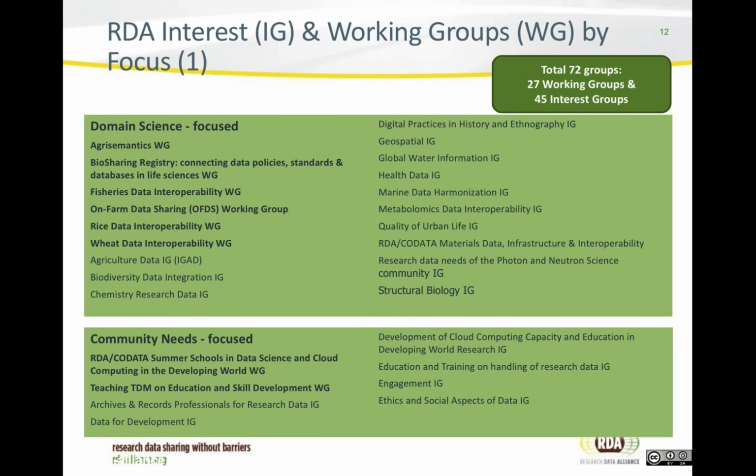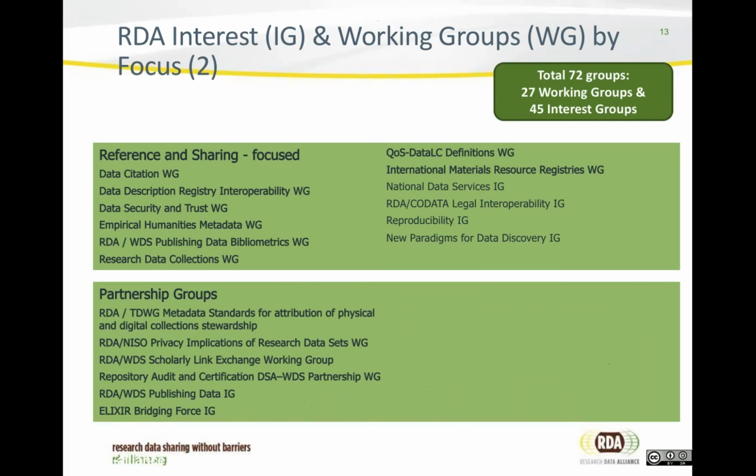I'm not going to read all of the groups, but there are domain science working groups and interest groups that focus on particular things. They have ones that are focused on community needs. Other ones are more on reference or sharing.